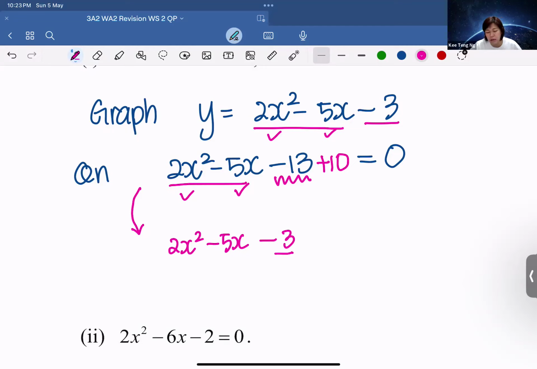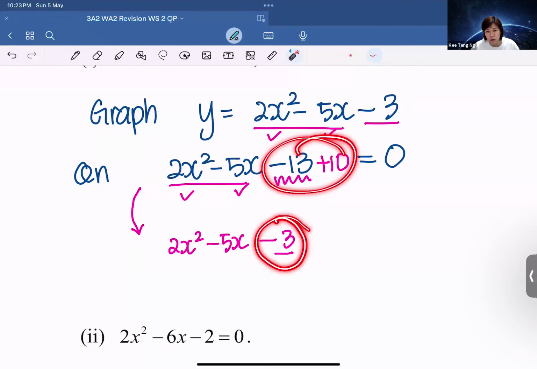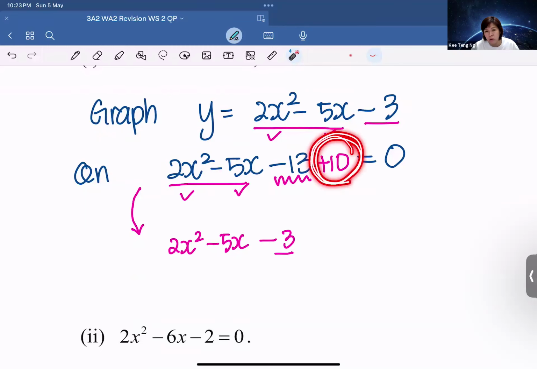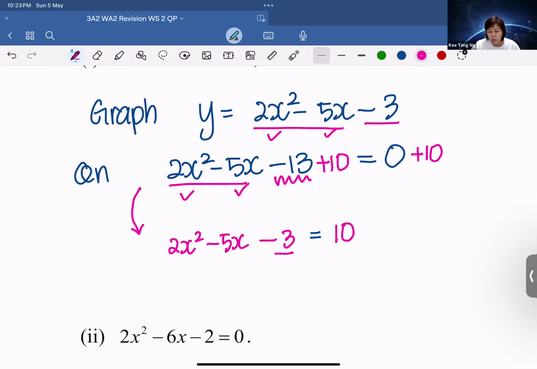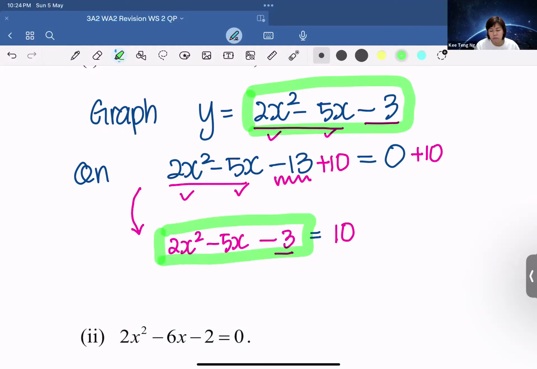So if I plus 10, I can get negative 3. But if I do a plus 10 on my left-hand side, I must also balance it by plus 10 on my right-hand side. So in this case, my whole question becomes this whole thing equals 10. And I know that this is the same, therefore y must equal the number 10.